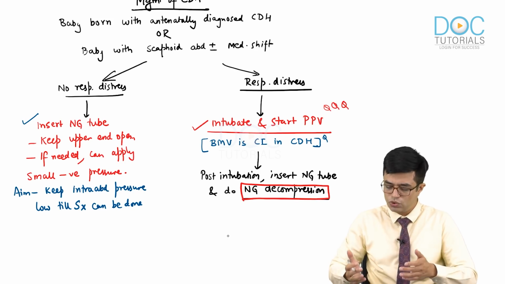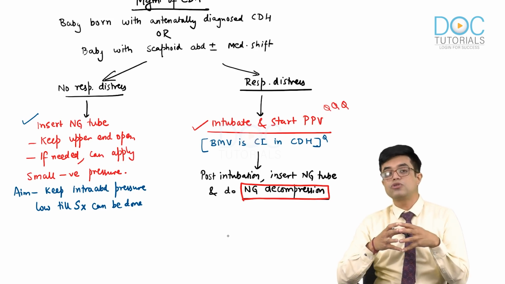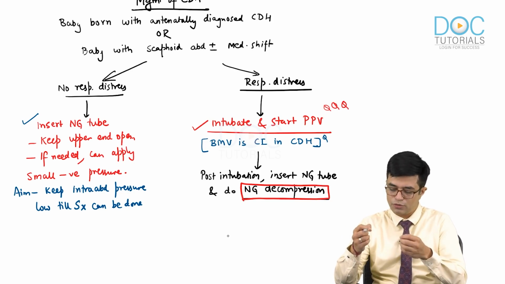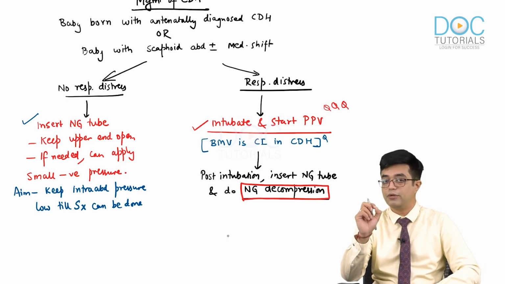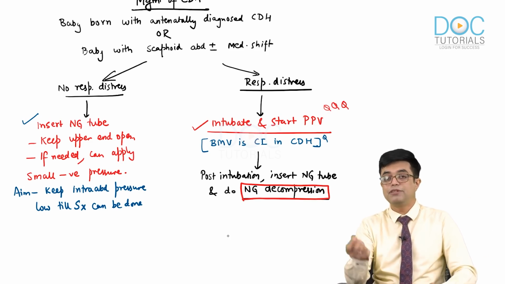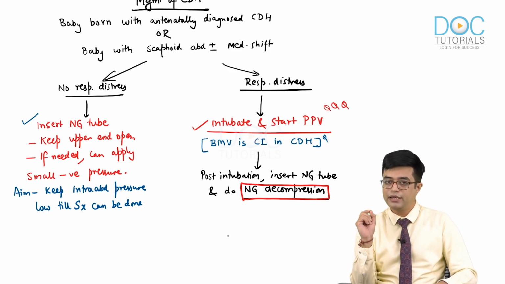Basically, you are not only maintaining the airway and ventilation, but also allowing the lungs to expand a bit more. This is a small procedure done after intubation. Please remember, if there is no distress, you first put the nasogastric tube. If the patient is in distress, you first intubate and then perform nasogastric intubation.